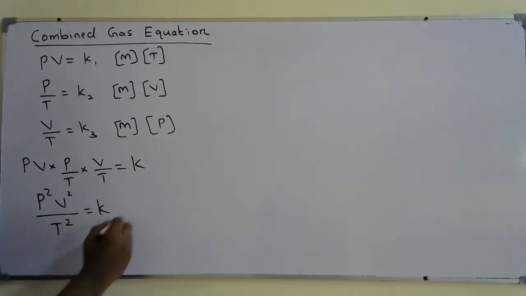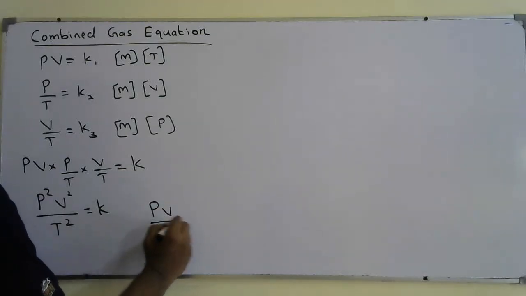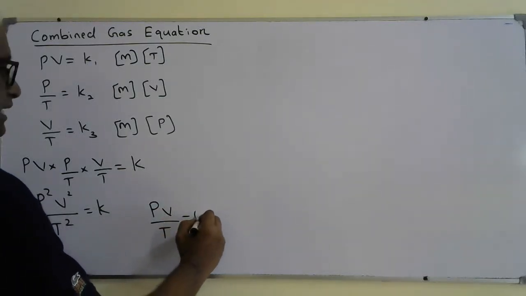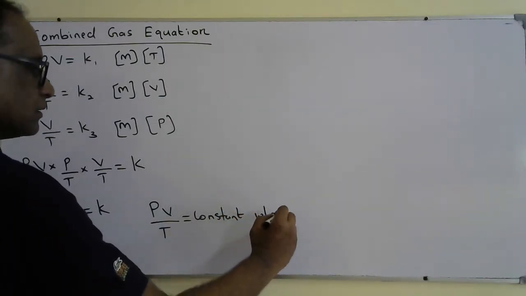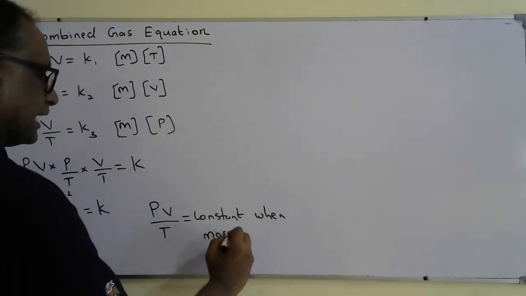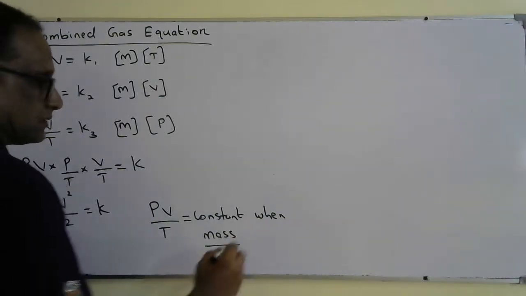That means if we take the square root, it becomes PV over T is equal to a constant when the mass of the gas remains constant.